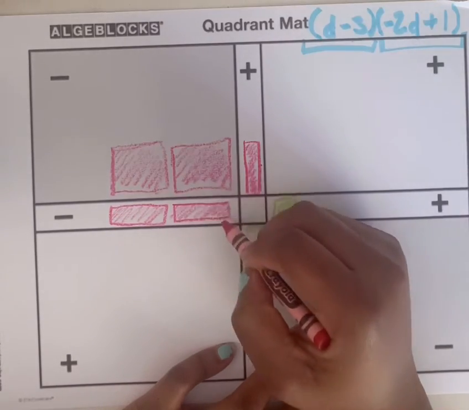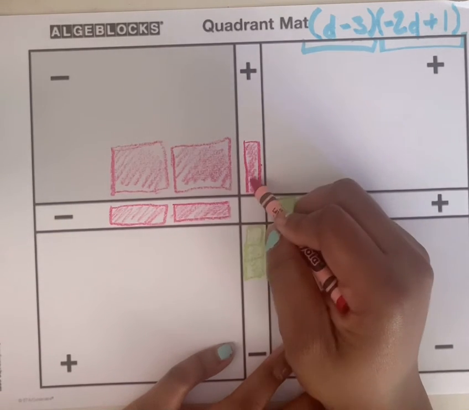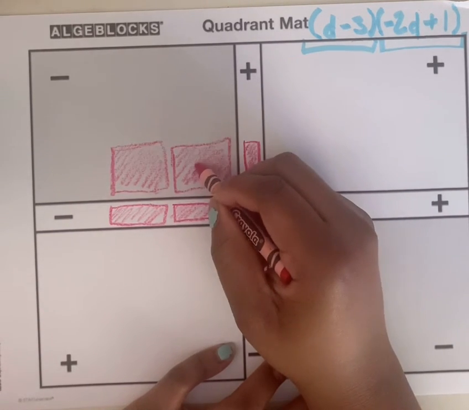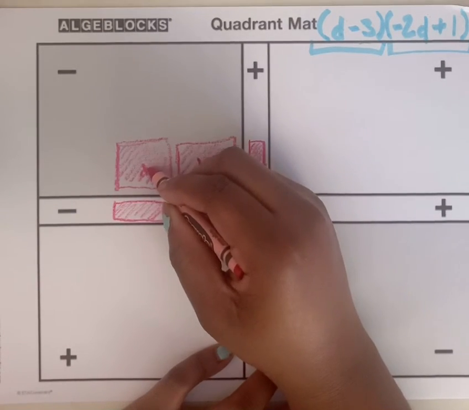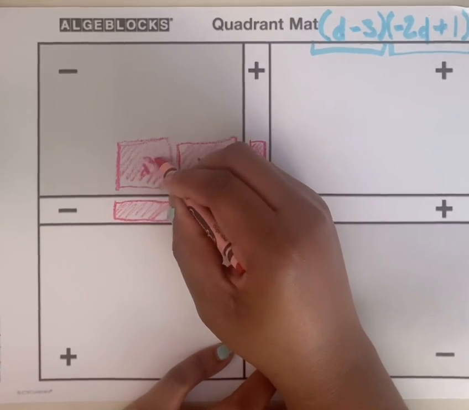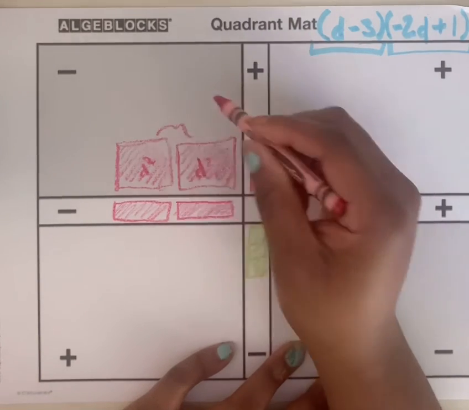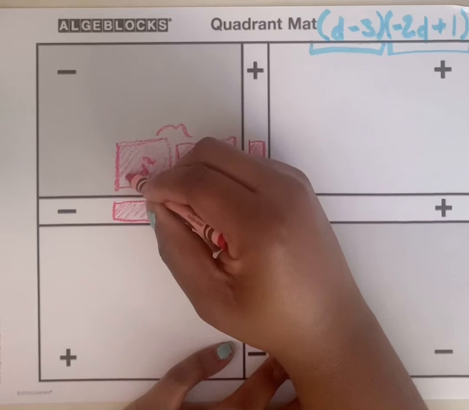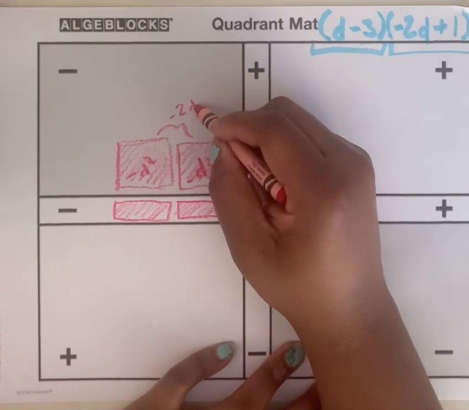So this one is d squared because of d times d, and this one's also d squared. Together, don't forget they're both negative, these two make negative 2d squared.